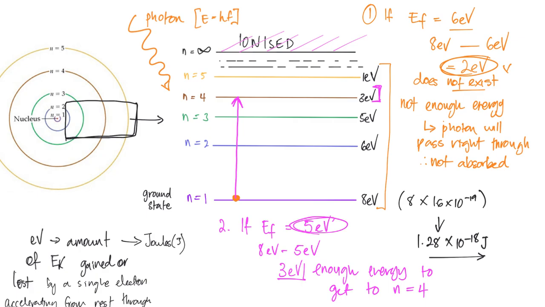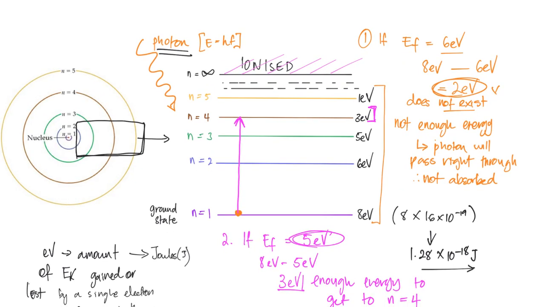Now if I have a photon of light that comes through, and my atom absorbs essentially 6 electron volts, it is not enough energy, so the photon is going to pass through.